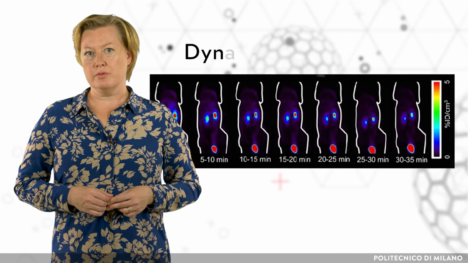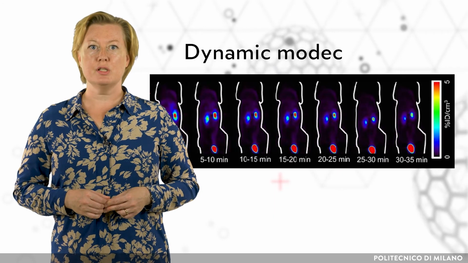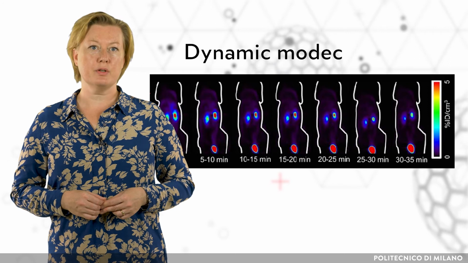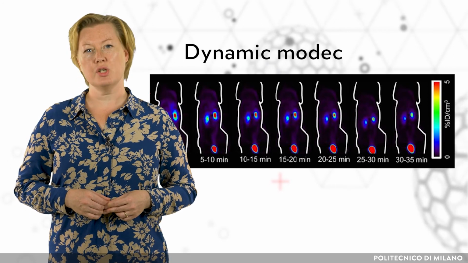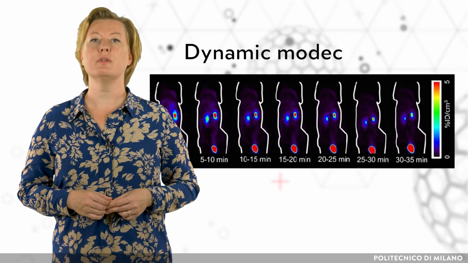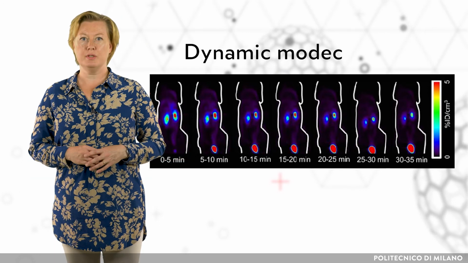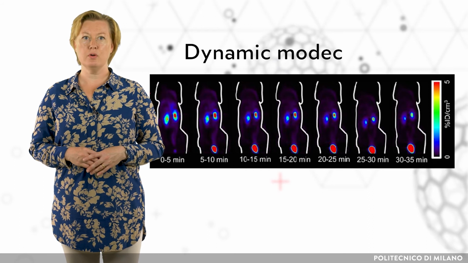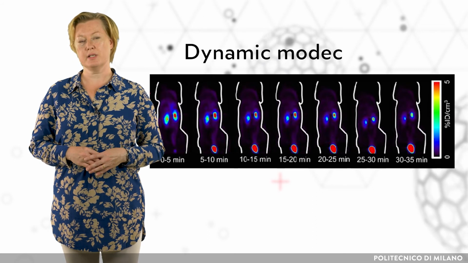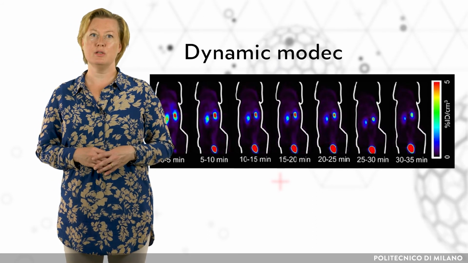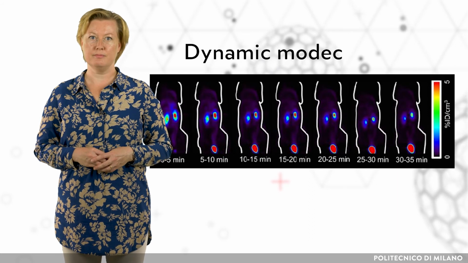In the dynamic mode, consecutive images are acquired over a period of time showing the changing distribution of the radiopharmaceutical in the organ of interest. A whole body acquisition can be performed to visualize more widespread distribution or accumulation in unknown locations.